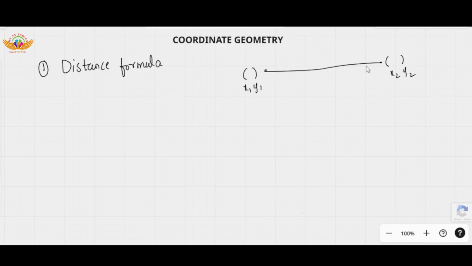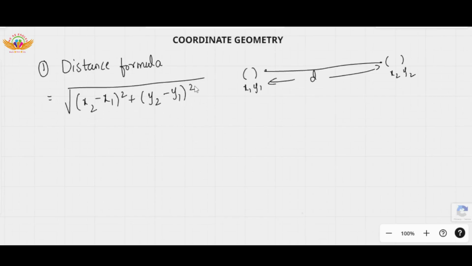When a line has 2 points on each side, how can I find the distance between them? That is called the distance formula. The distance formula is root of (x2 minus x1) whole square plus (y2 minus y1) whole square.